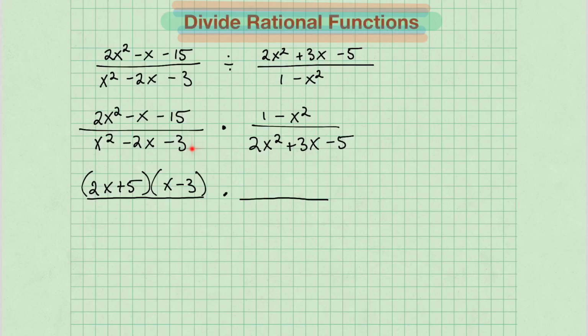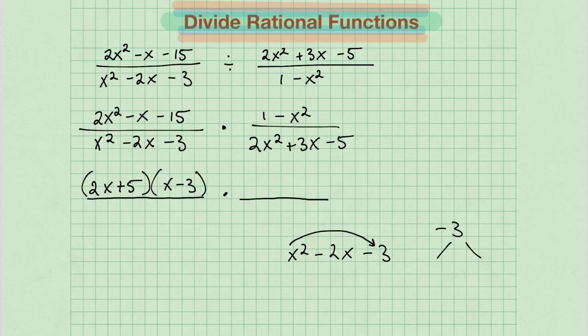Next one, let's see if we can factor this, x squared minus 2x minus 3. Remember, we're going to multiply the two outer terms. That's 1 times negative 3, which gives us negative 3. We're going to find factors of negative 3 that when added together give us the middle term of negative 2.